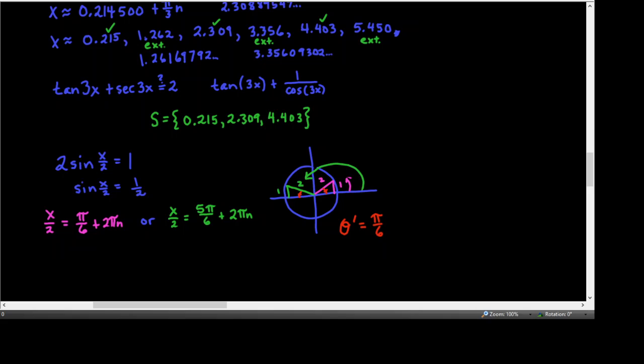And then to solve for x, multiply both sides by 2. So 2 pi over 6 reduces to pi over 3 plus 4 pi n. And this one becomes x equals 5 pi over 3 plus 4 pi n.